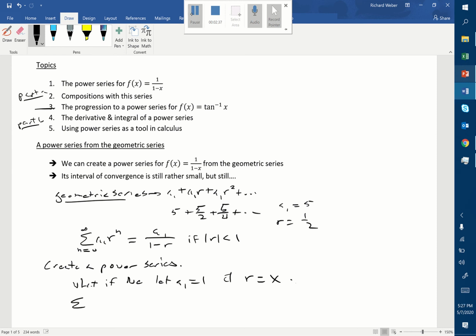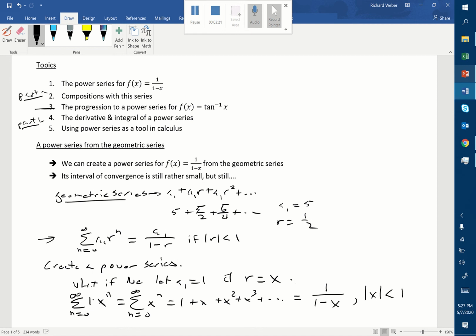Well, we're looking at a series n equals 0 to infinity, where a1 is 1 and r is x, and we get the series n equals 0 to infinity, x to the n, and that's equal to 1 plus x plus x squared plus x cubed plus, believe it or not, that is a geometric series, and it would converge just like this one did up here, but it would converge to a1, which is 1, over 1 minus the multiplier, which is the variable x, provided the magnitude of your variable is less than 1.